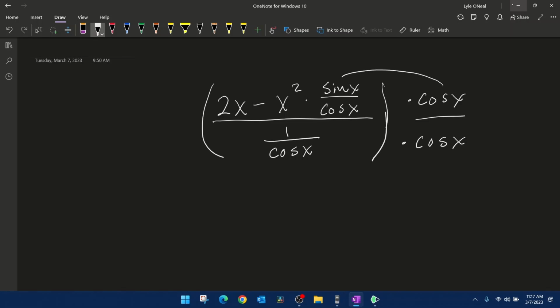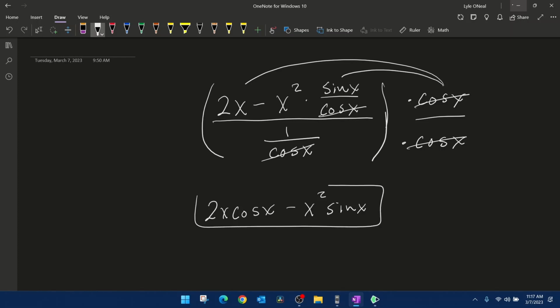So here I would distribute. That would give me 2x cosine x. Here the cosine x's would cancel, leaving minus x squared sine x. And in the denominator, the cosines would cancel, leaving me just 1. And anything over 1 is itself. That's how you get that.